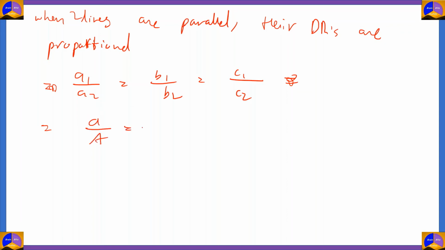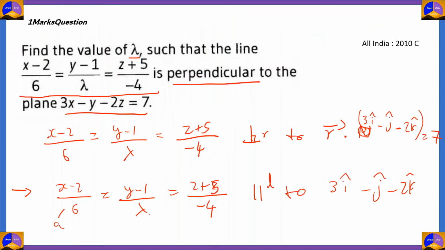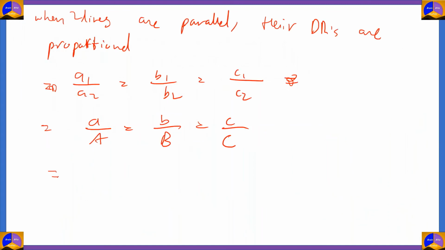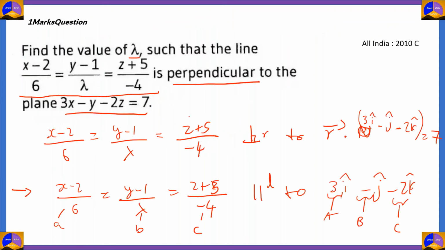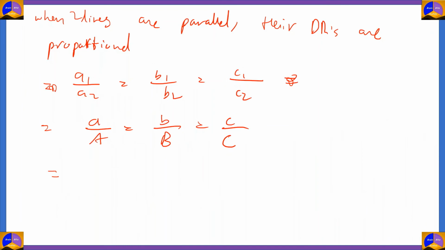So small a by capital A is equal to small b by capital B is equal to small c by capital C. So 6 is small a, lambda is small b, minus 4 is small c, and 3 is capital A, minus 1 is capital B, minus 2 is capital C. So now let's plug in the values.